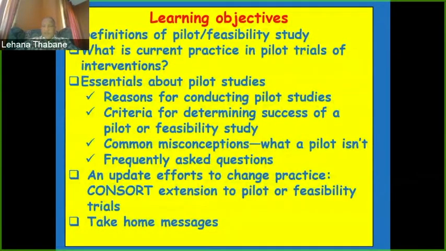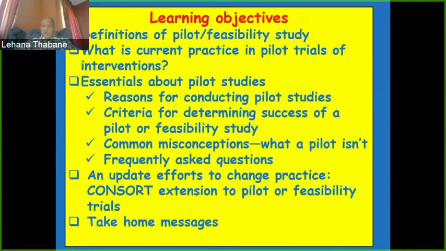So we'll try and cover a few things today. And a lot of these things, you can get a lot of the details from the paper, which I'll introduce in a minute. We'll talk about what really the similarities and differences are in the definitions of what pilot and feasibility studies are, what the current practice is in how these issues are handled in the literature.